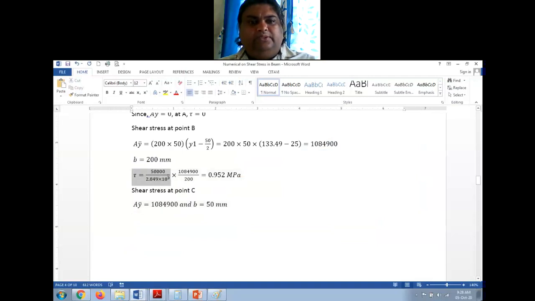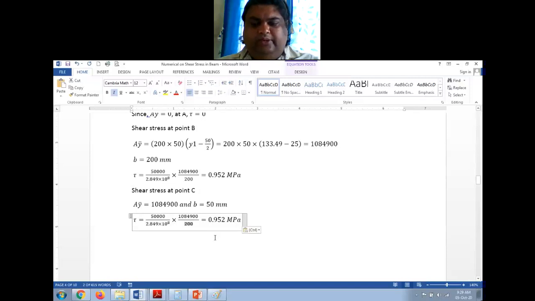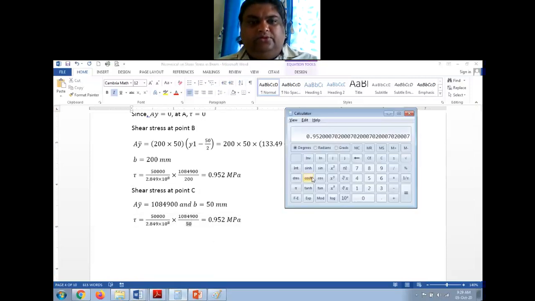Now put in this value in this expression, you will get the stress. So here everything is same. This will become 50. That's it. This I got by dividing by 200, so into 200 by 50.